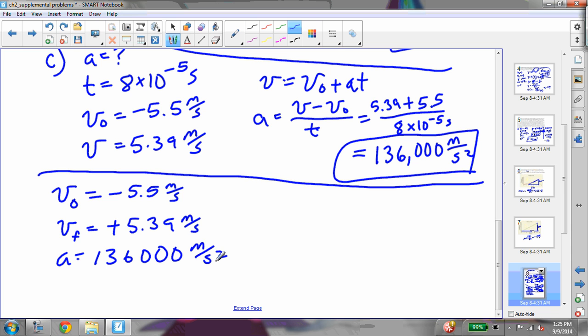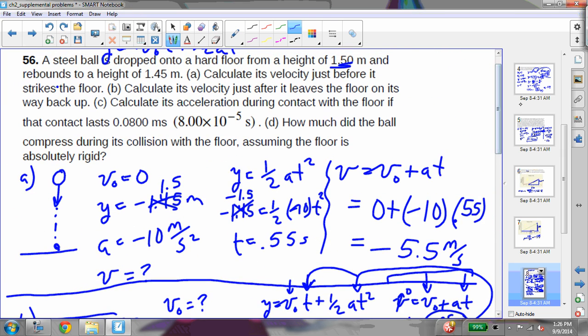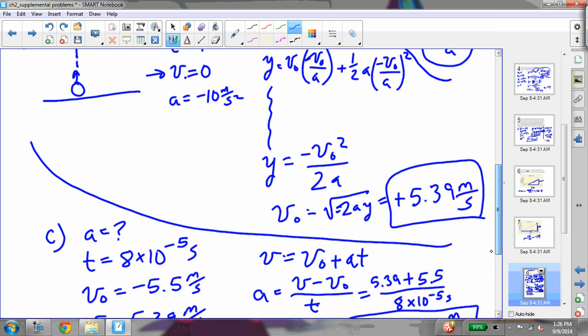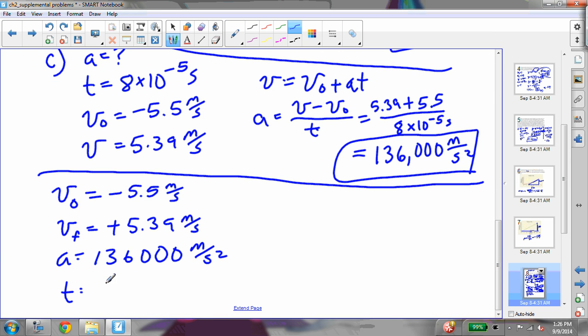We know that our time is 0.08 milliseconds, 8 times 10 to the minus 5 seconds. And I want to know, actually, no, I just want to calculate y.